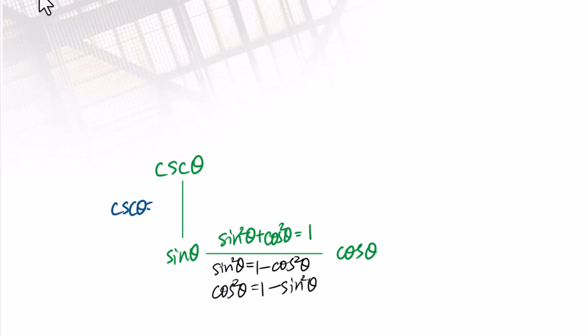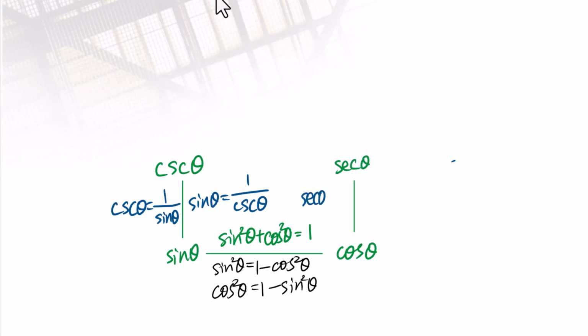Cosecant theta equals 1 over sine theta. Sine theta equals 1 over cosecant theta. From cosine theta, we can get secant theta. Secant theta equals 1 over cosine theta, while cosine theta equals 1 over secant theta.